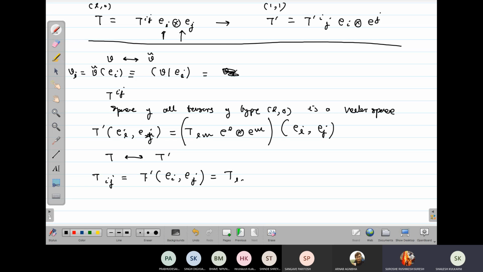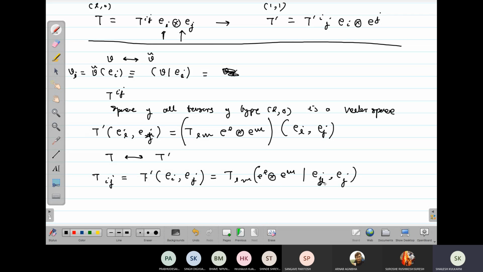TLM, EL direct product EM, this inner product with EJ, and EI, EJ. This is not a nice way of writing, but in a sense this is what is happening.